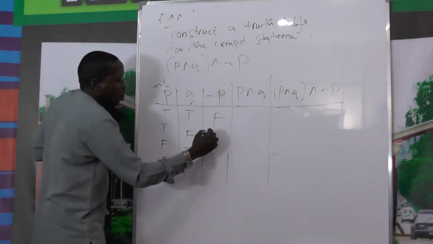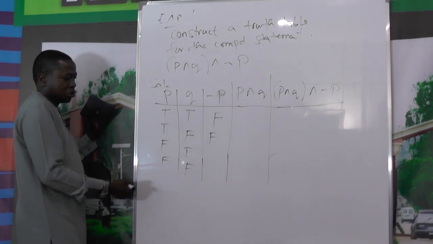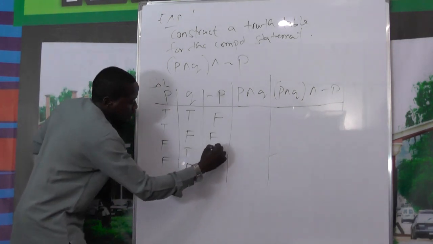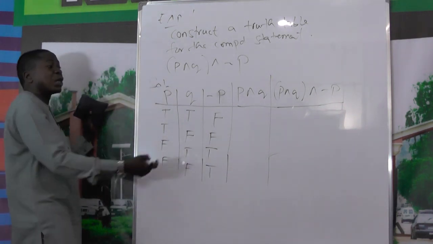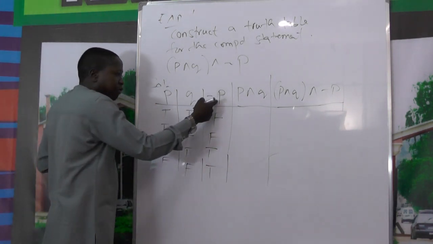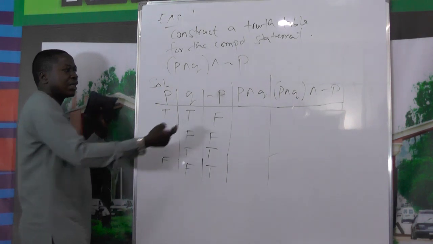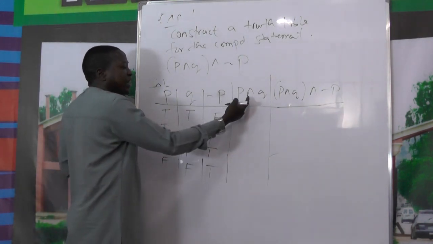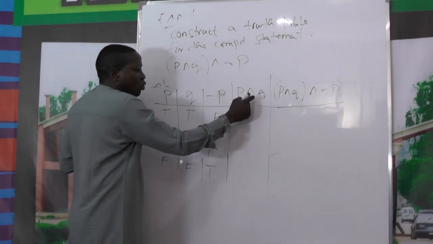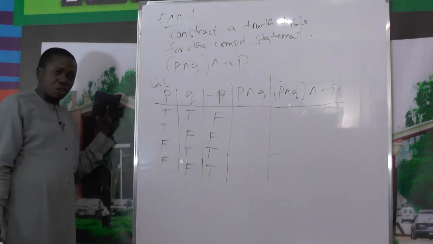T here also becomes false. False here becomes T. And false here also becomes T, since we are dealing with negation of P.